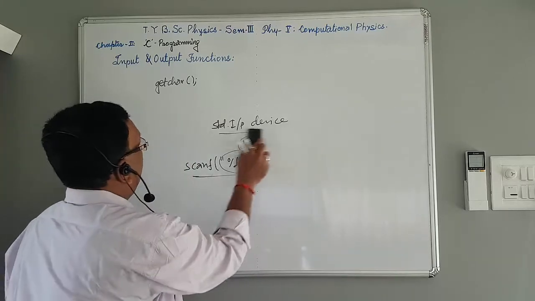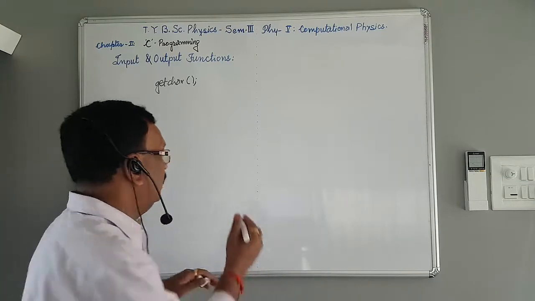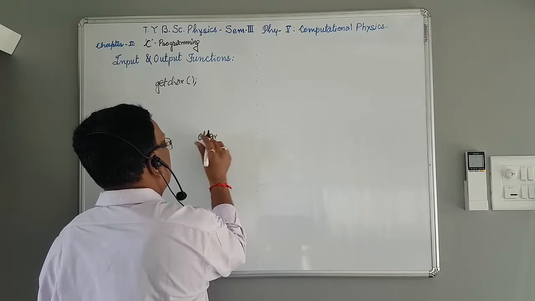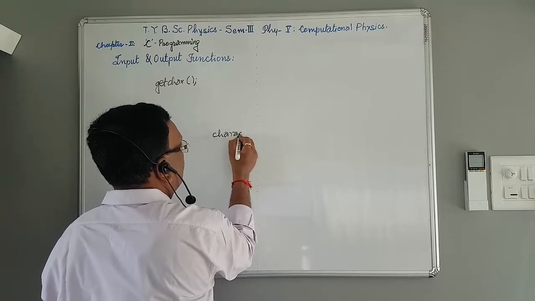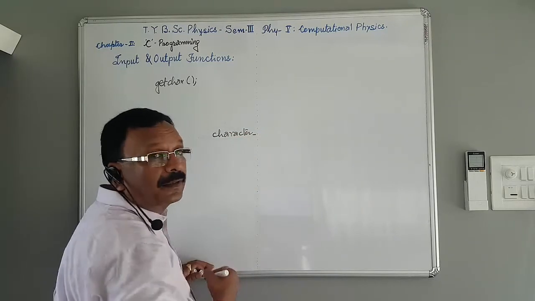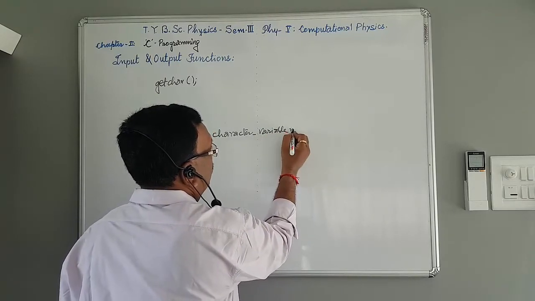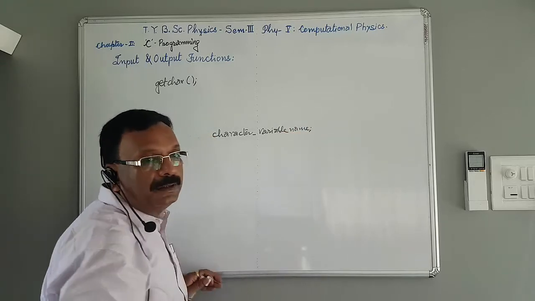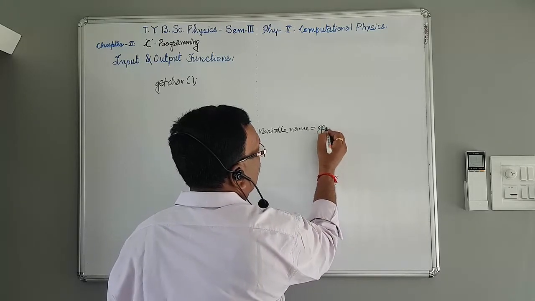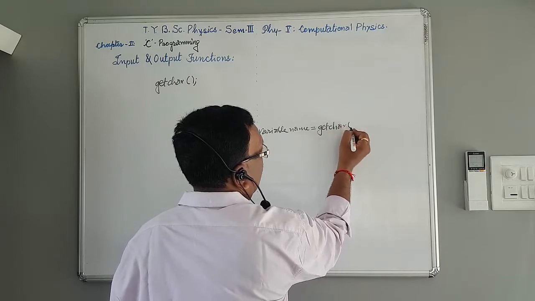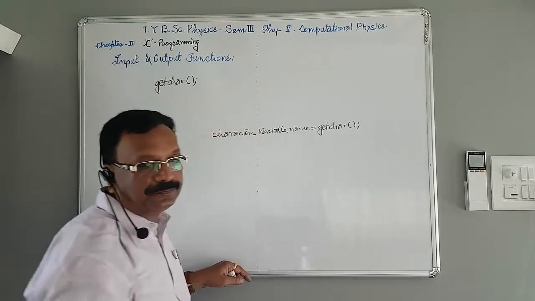The syntax of the getchar function, that is the method to write getchar in a program, is: char, always written in lowercase, then the variable name, is equal to getchar, a pair of parentheses, and then the terminator semicolon.